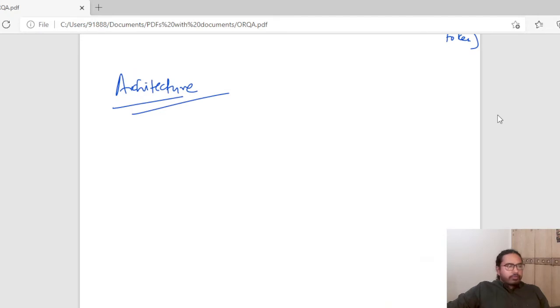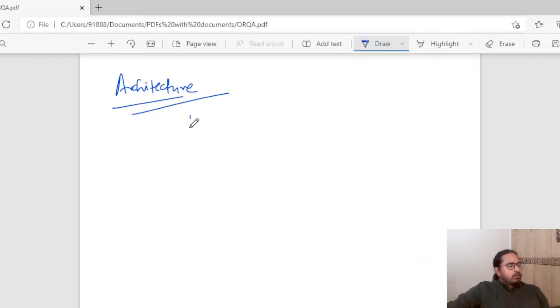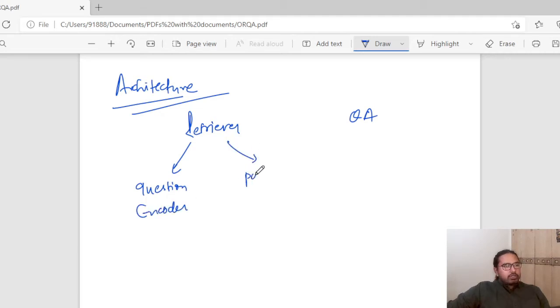So we have a retriever and a QA model, and the retriever itself consists of two major parts. The first one is the question encoder, and the second one is the passage encoder, or you can say the block encoder. And there will be one QA model.